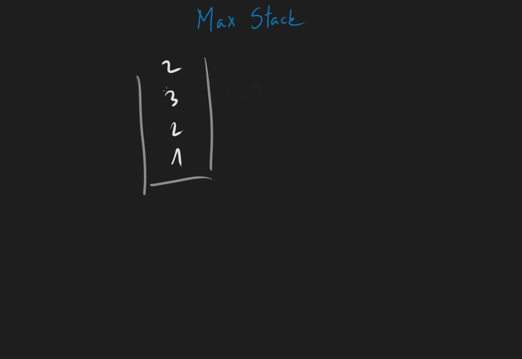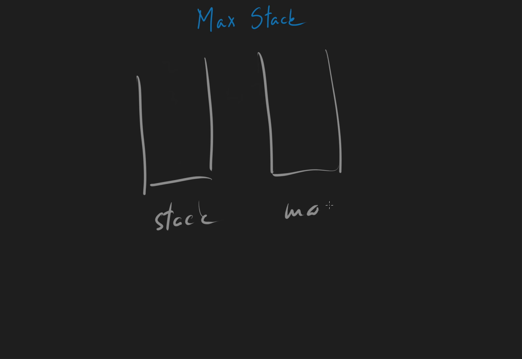But another one, let's say that we want to optimize for time. So we want to have O(1) runtime for getting the max values, would be just to have 2 stacks. So let's have another stack. So this would be stack and this would be maxes.